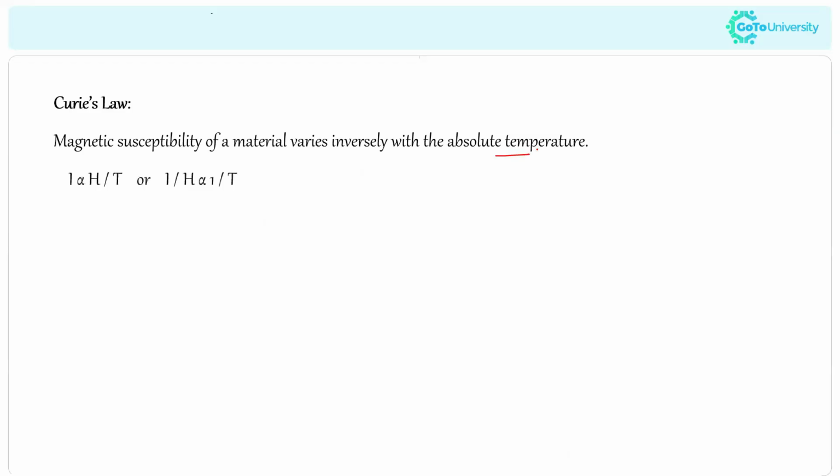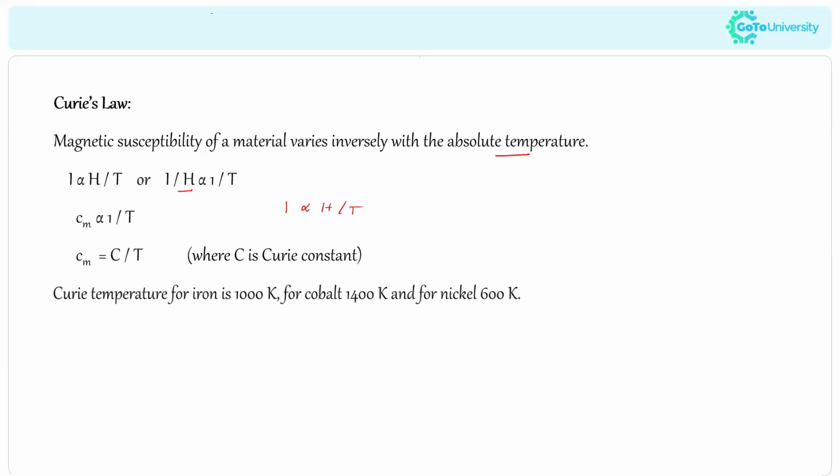So the magnetic susceptibility is directly proportional to H and inversely proportional to temperature. Simply, susceptibility is directly proportional to H over T. To equalize this, we use Curie's constant, so susceptibility is C over T. Curie's temperature for iron is 1000 K, for cobalt 1004 K, and for nickel 600 K. Okay, so this is all about Curie's law.